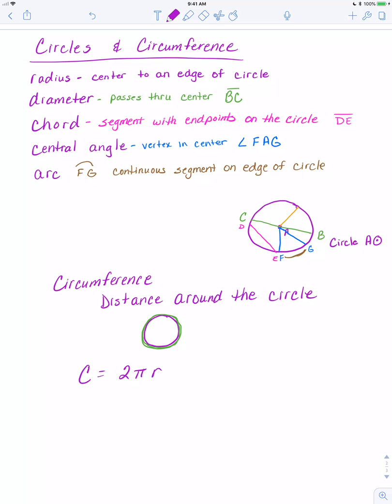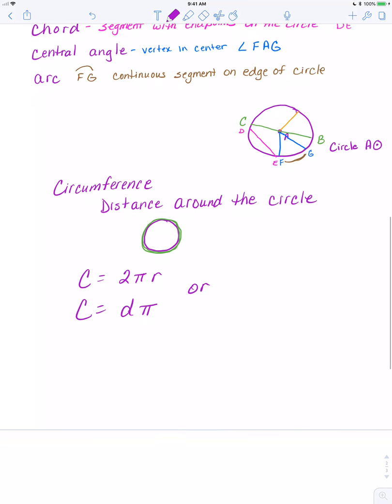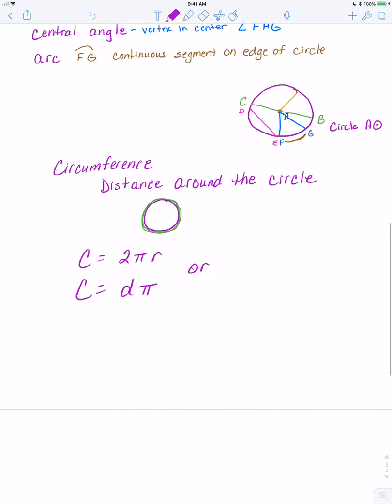So that's 2 times the radius times pi, or it can be the diameter times pi. Well, that makes sense because diameter is 2 times the radius. So they're sort of the same formula. It's just whatever information is given to you.